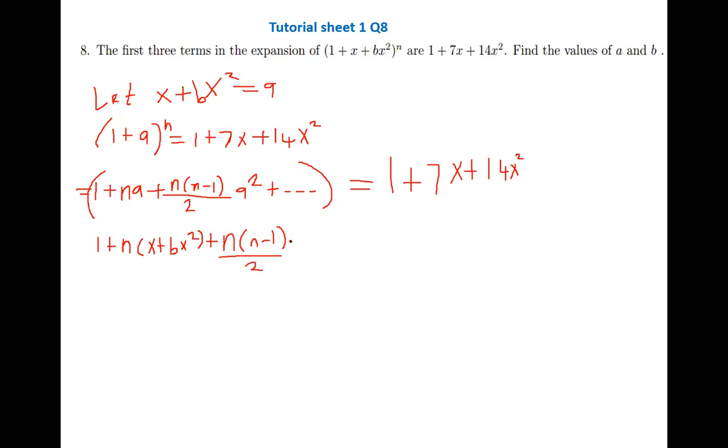But my a there will still be x plus bx squared, like that. And then everything is squared. So this is equal to 1 plus 7x plus 14x squared. So this is how it's going to be.